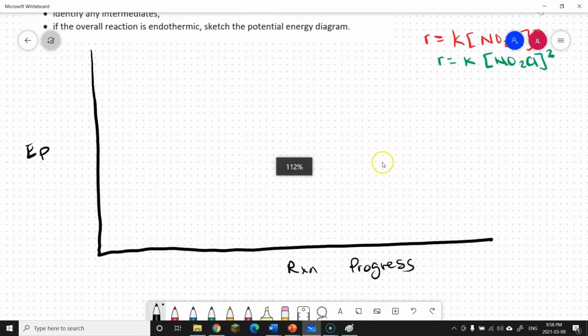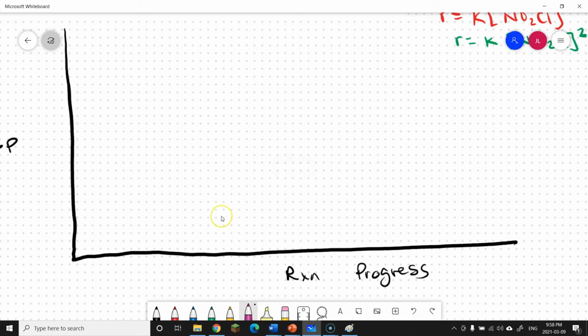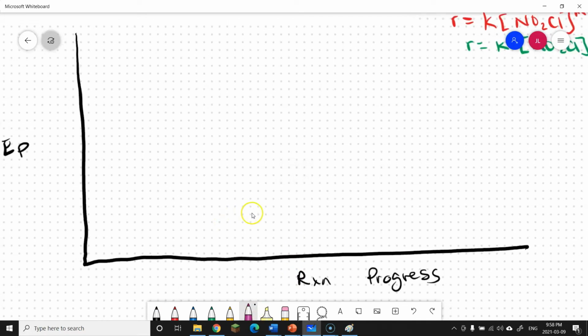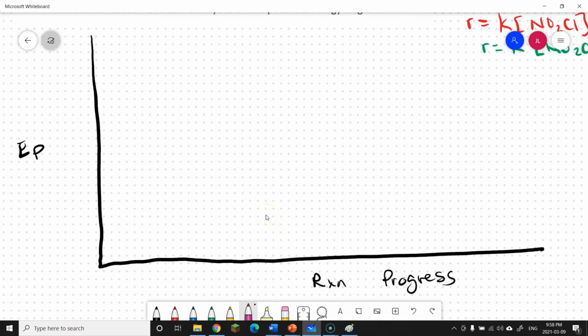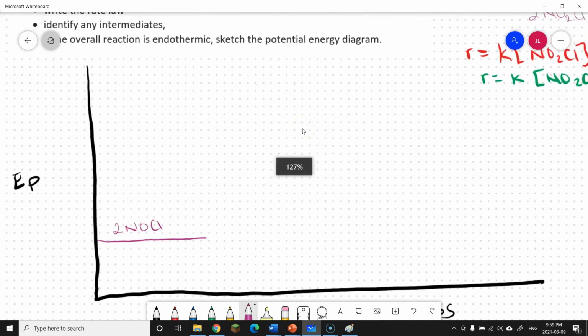Okay, and so before I add my mechanism, I'll add my overall reaction. Since I know that it's an endothermic reaction, I'm going to start off with my reactants down here. Just double check what the reactant is.